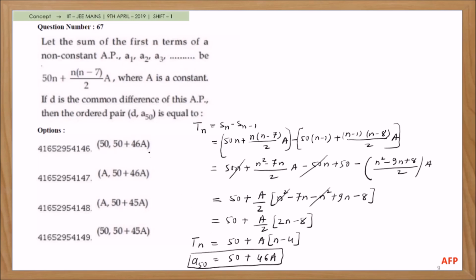So among the options, these two options follow; you have to find d. So d you can find here. d is equal to Tn minus Tn minus 1. So what is Tn here?